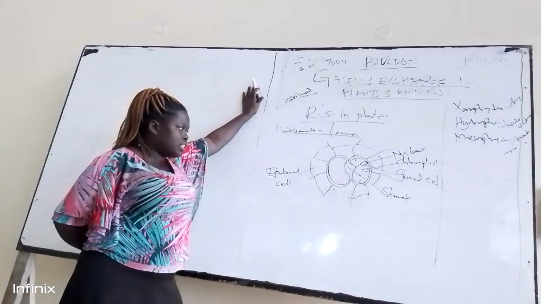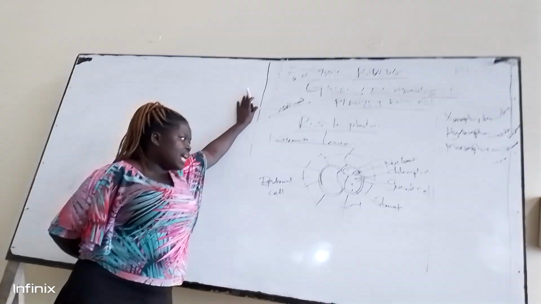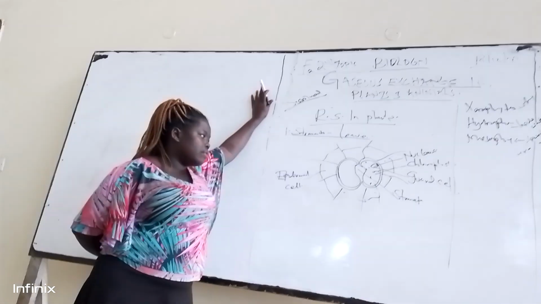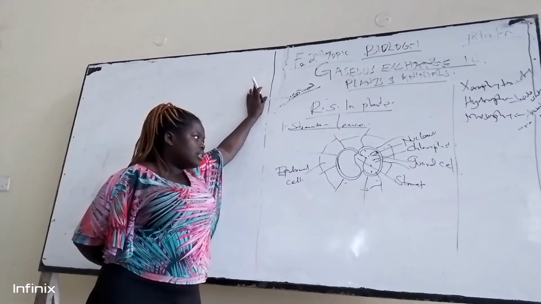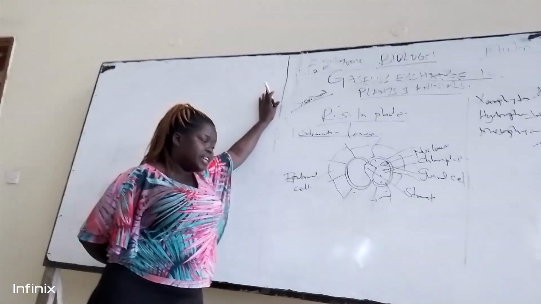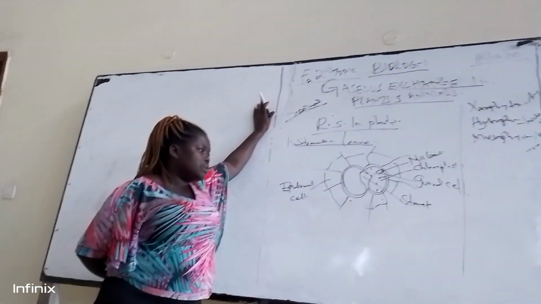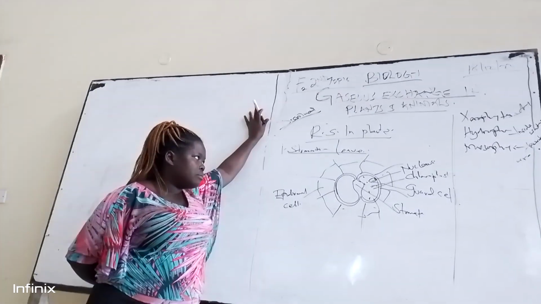Transpiration is the process whereby plants lose water in the form of water vapor to the atmosphere. So the upper side should have fewer than the lower to reduce the rate of transpiration.